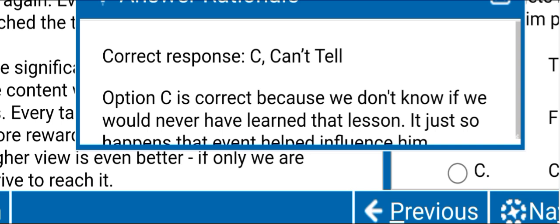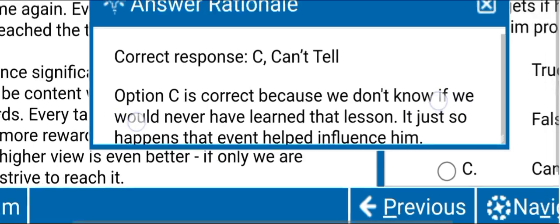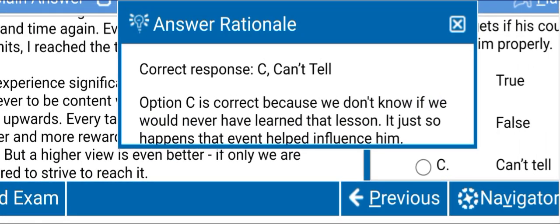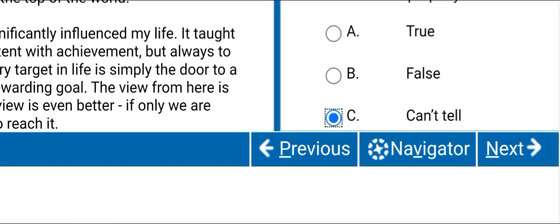Option C is correct because we don't know if he would never have learned that lesson. It just so happens that the event helped influence him. So because of this reason, option C is the correct option, which is can't tell.